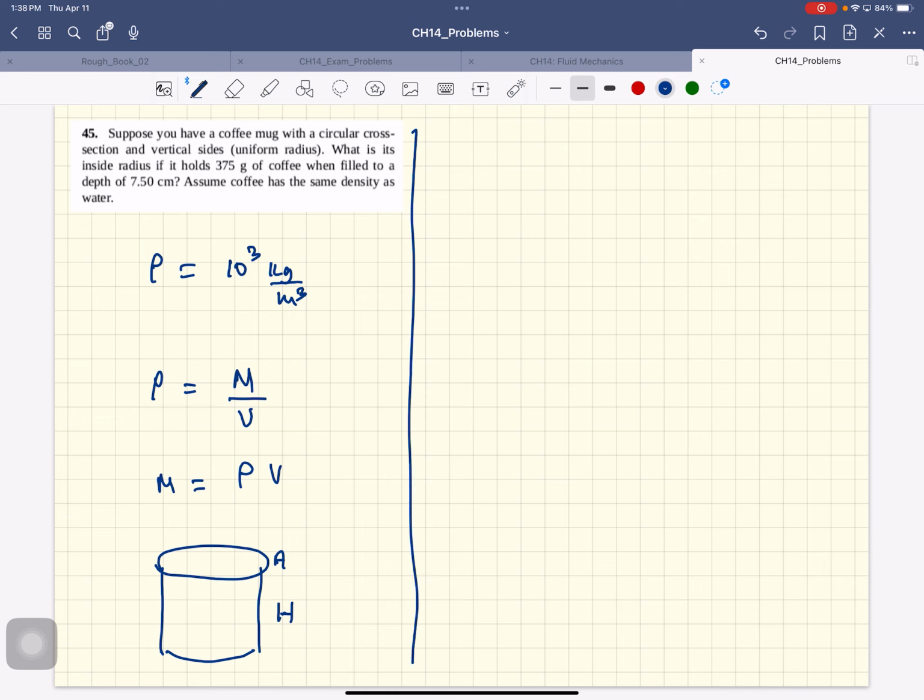Like that. So mass is density times area times height. Okay. What are we finding? What is the inside radius? Okay, so R is what we're trying to find.